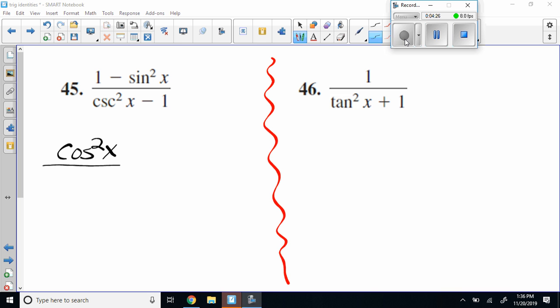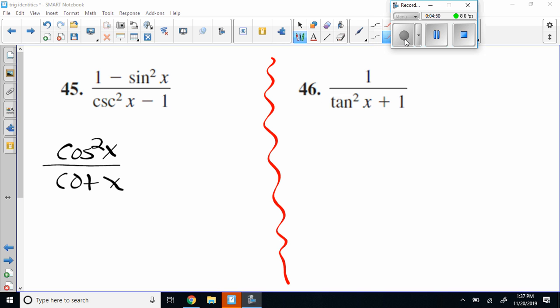What is cosecant squared x minus 1? What is that? Cotangent squared. Okay, so all we've done is taken this first one and rewrote it in terms of what it equals in the Pythagorean identities, right? Yes?